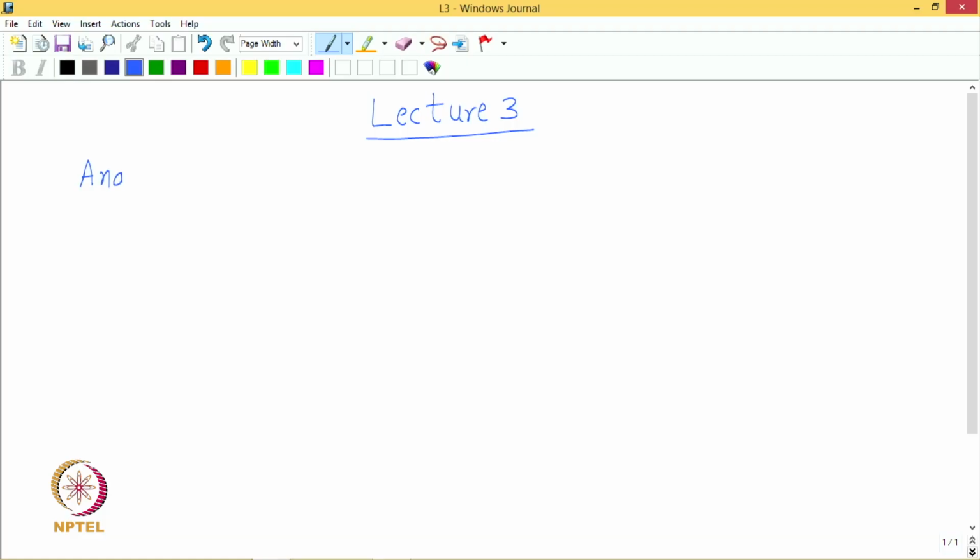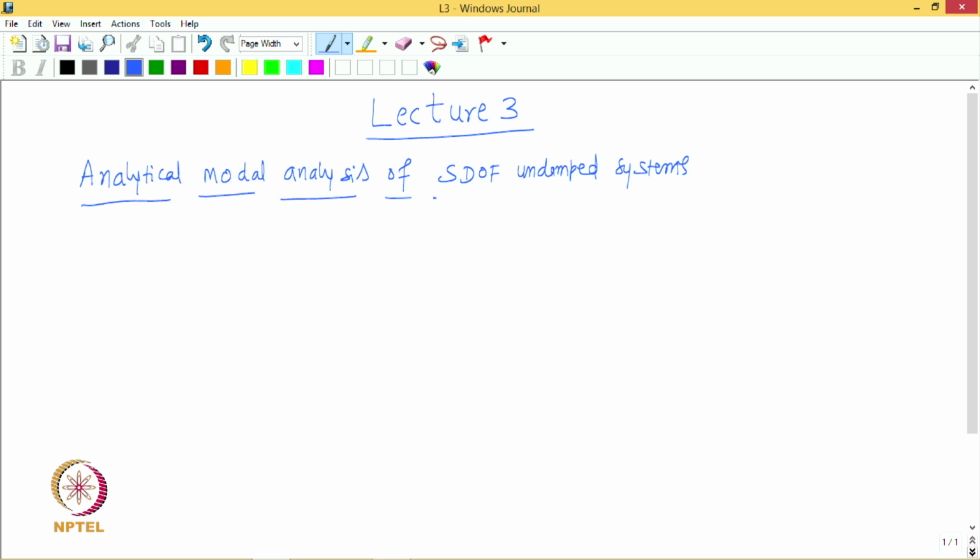So therefore our topic today is analytical modal analysis of single degree of freedom undamped systems, and under this we are going to study the free and forced vibrations of these systems, right.